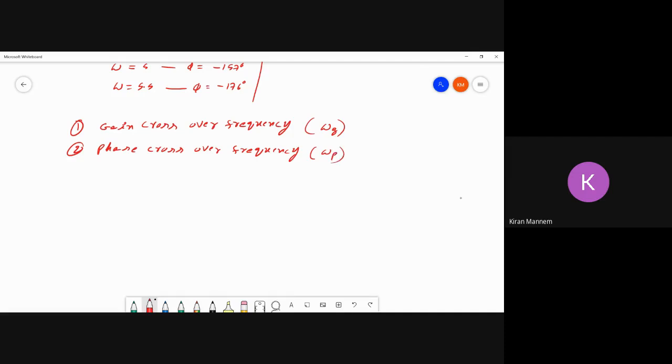Phase and gain. Third one, gain margin, is denoted as GM. Fourth one, phase margin, is denoted by PM. Okay. So let us define one by one.